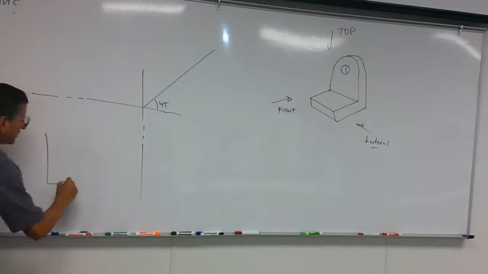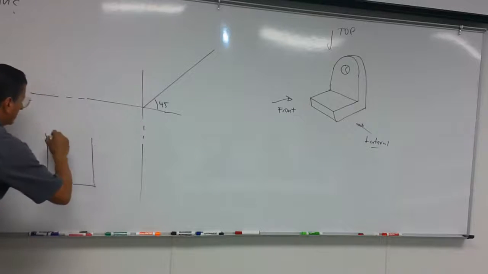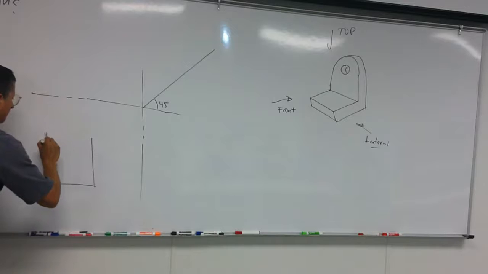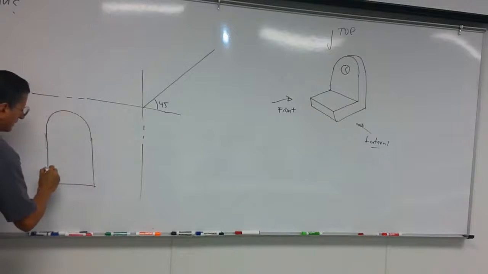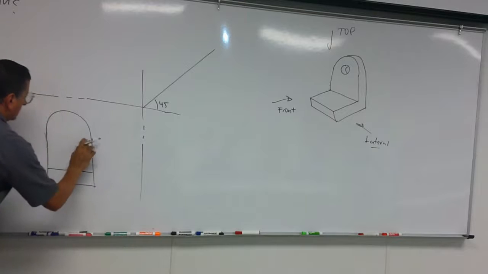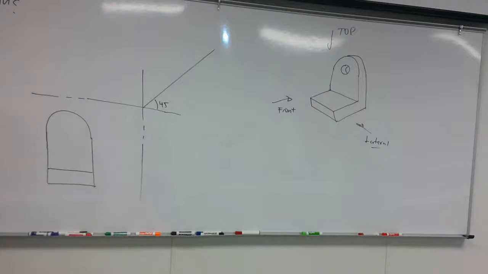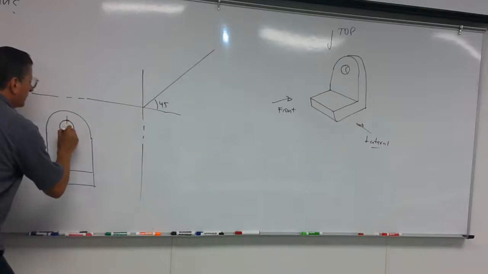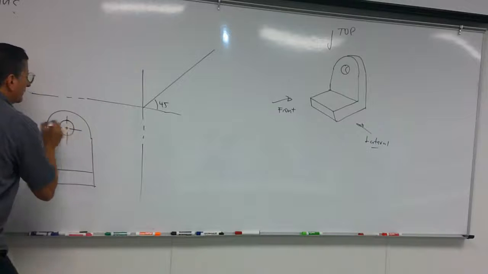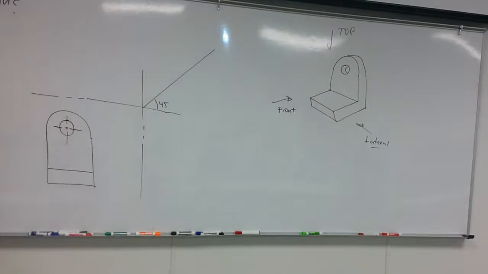The front view is something like this. Yes or no? It's okay? With a hole in it. With the hole, no? The hole is in the middle. The hole is solid in the middle. Ready?